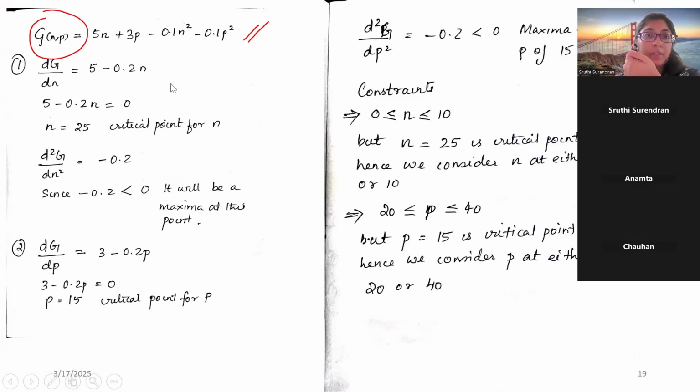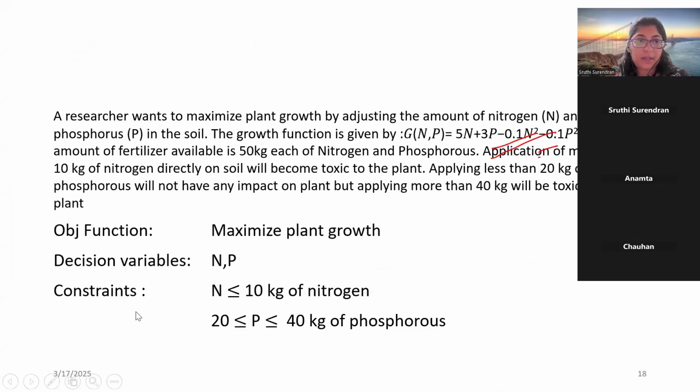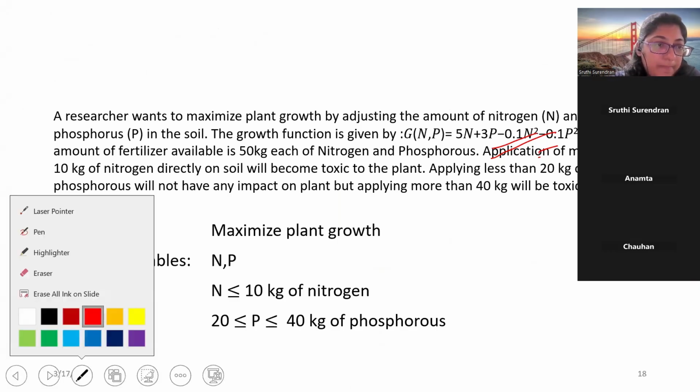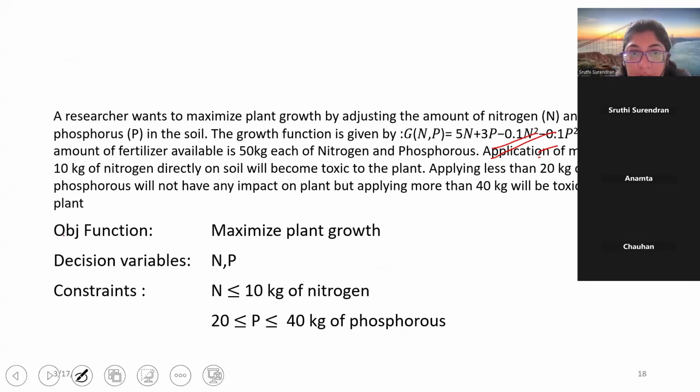Okay, so let's resume. So the first step, what I did over here for this problem, which is a researcher wanting to maximize the plant growth, and the function is given by this one, where G is the growth, N is the nitrogen quantity, and P is the phosphorus quantity.